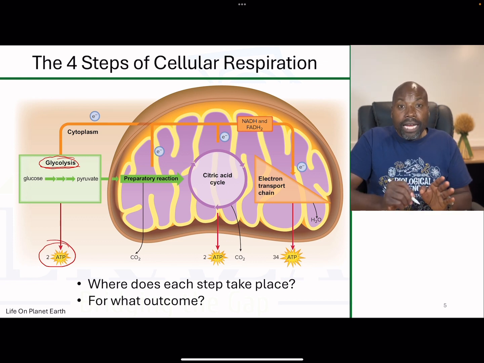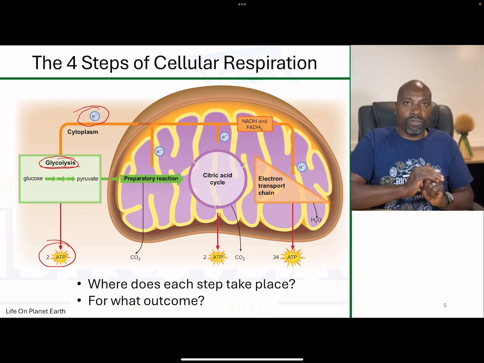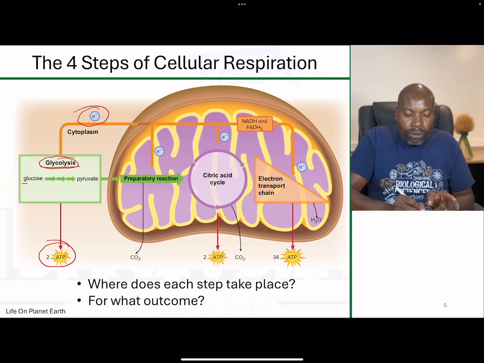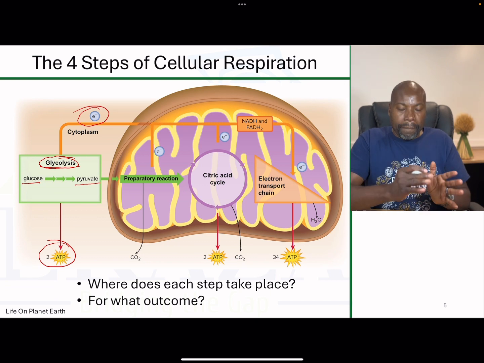Now, while you have ATP produced, you also have release of electrons. All right? Now, as glucose is broken, it gets converted into a molecule called pyruvate. That's the first step of cellular respiration.